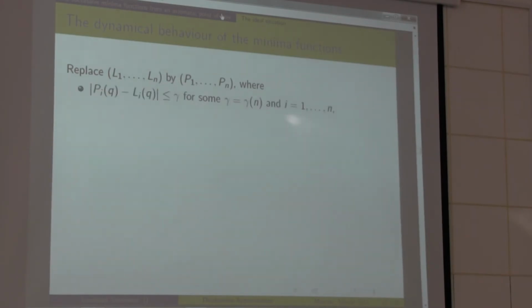And not differing by much means we want p sub i of q minus L sub i of q to be bounded by an absolute constant gamma, which depends on n only, as we mentioned. And we want, of course, this is the main goal, to have the sum of the p sub i being identical to 0.